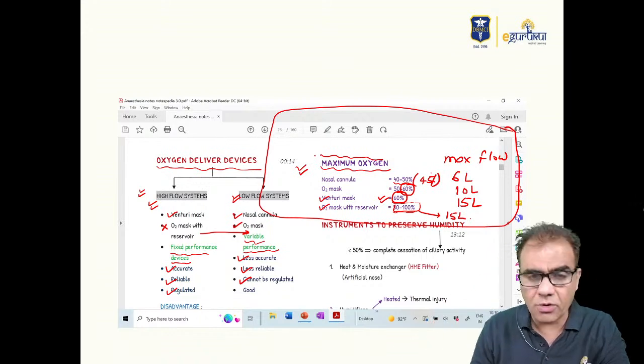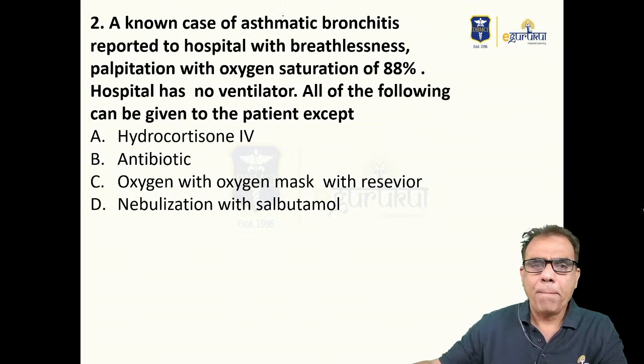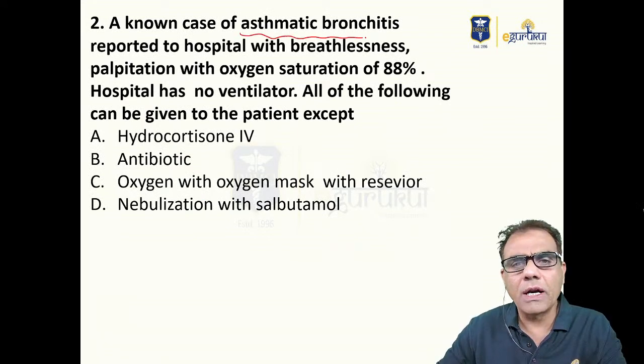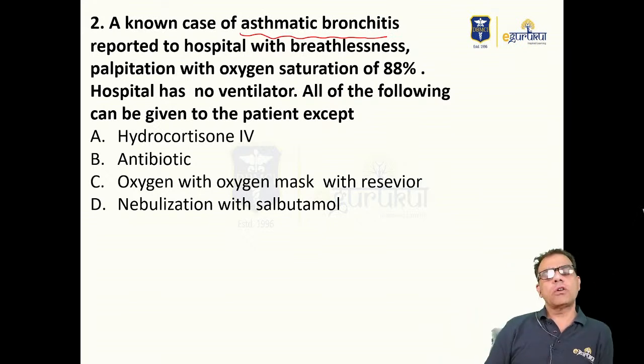Fine. So this is one application you have to know. Now let's come back to your question and see what they want to ask you. Patient with asthmatic bronchitis, high oxygen concentration can be lethal to them. It's very detrimental. Why? Because these patients, their respiration depends on hypoxia, their breathing is hypoxia dependent.